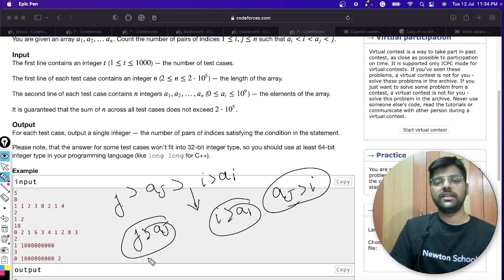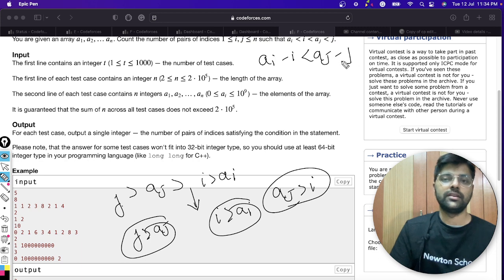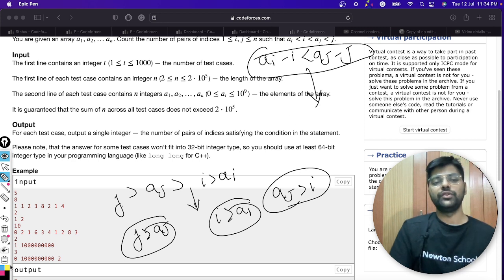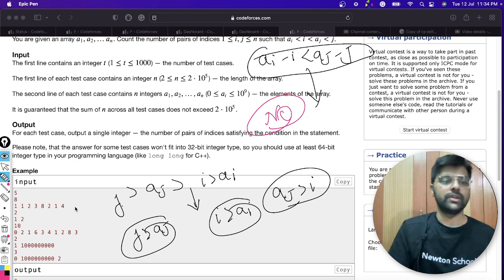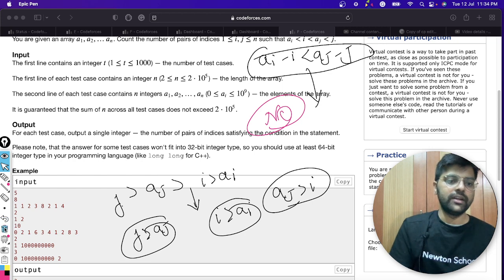Can I deduce any other inequality? Let's say ai minus i less than aj minus j. Does this inequality hold here? You have to give me a counterexample for why it won't hold.